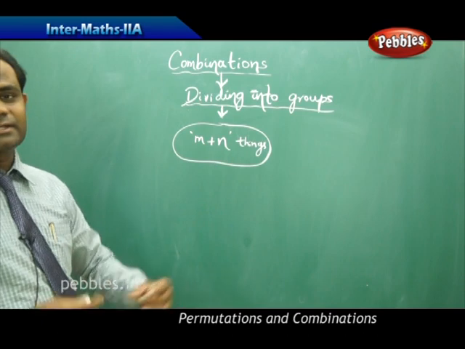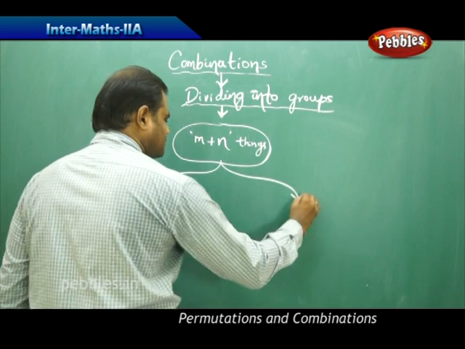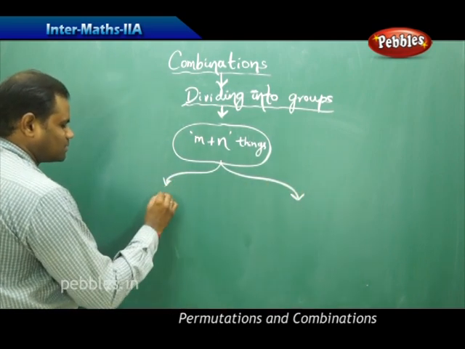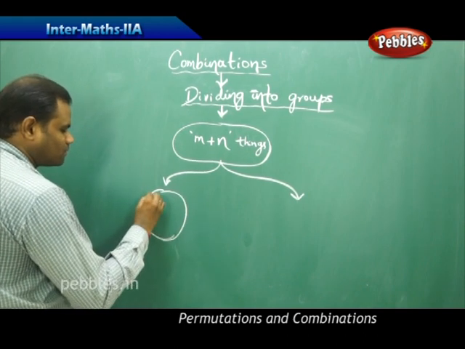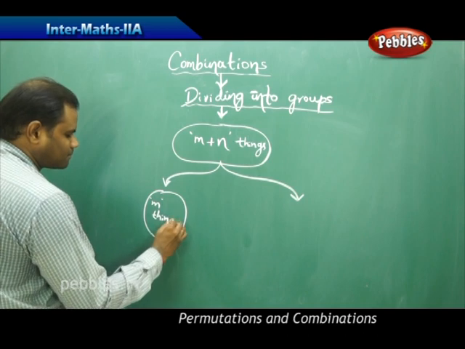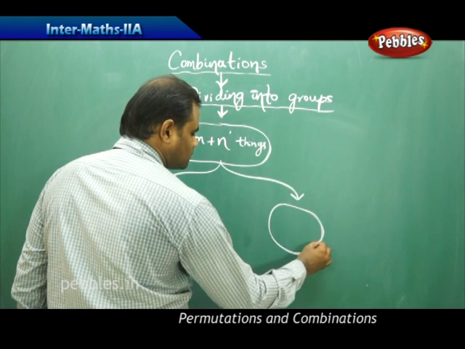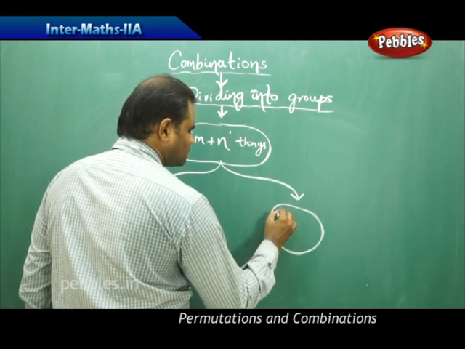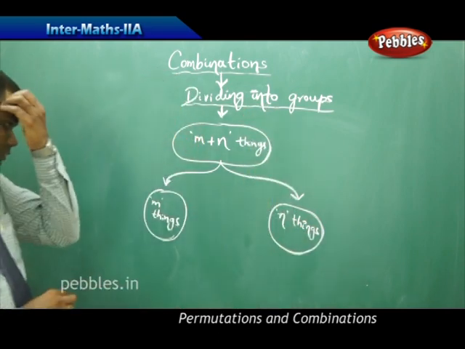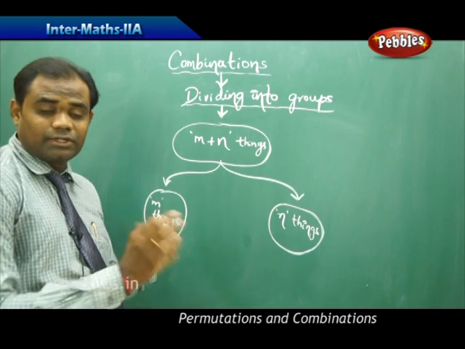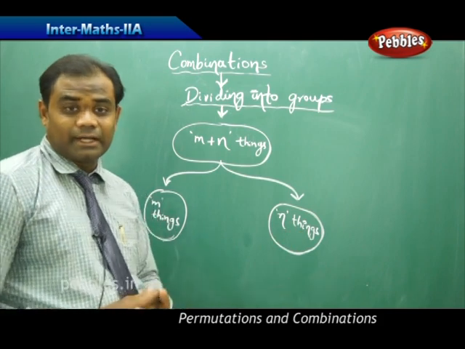So this group has m plus n things, and now I want to divide this into two groups, where I want to divide them into a group of m things and then a group of n things. Then I want to find the number of ways in which I can divide m plus n things into a group of m things and n things.